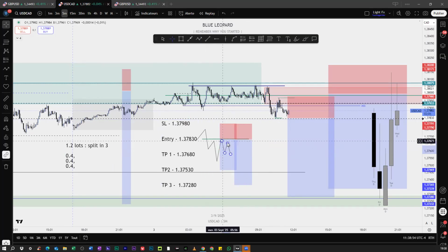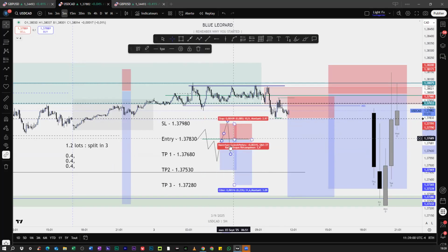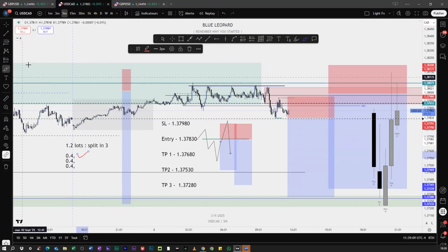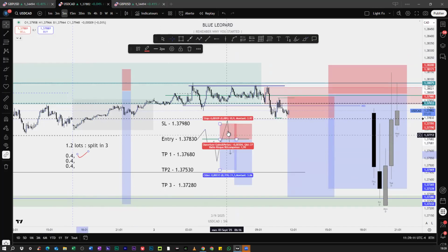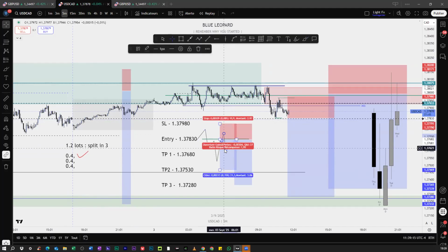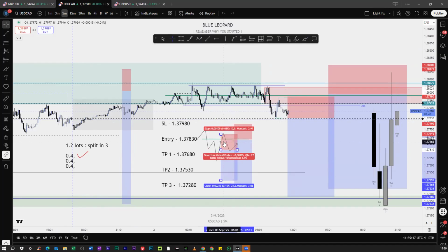Even if price comes back and takes you out, you already protected half of the risk, because 1.4 was already bagged. Okay? So, second scenario, price comes back.